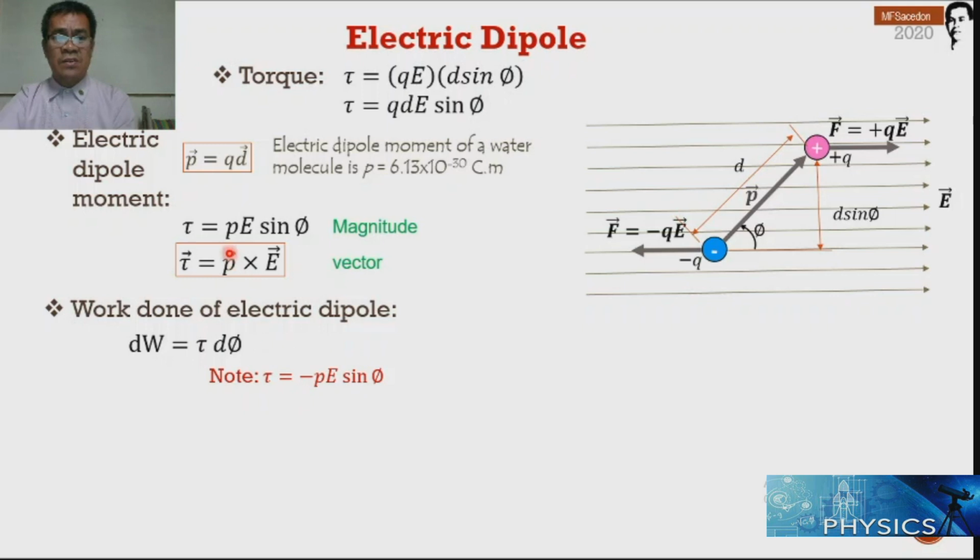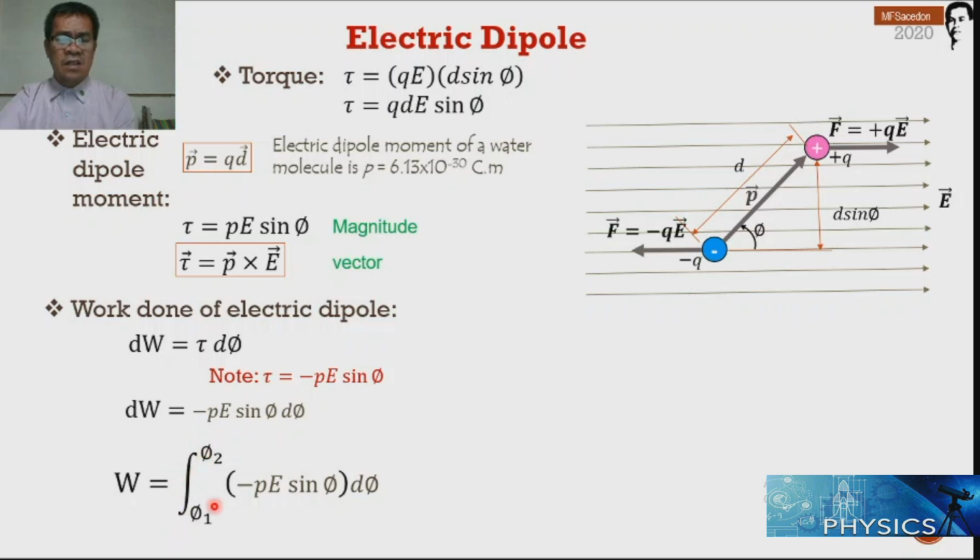So torque must be a negative torque because the angle is reducing and reducing. Substituting this value into the formula of the work done, the infinitesimal work done is negative PE sine angle P d angle P. Integrating both sides, work done by an electric dipole is the integral from angle P1 to angle P2 of negative PE sine P dP.